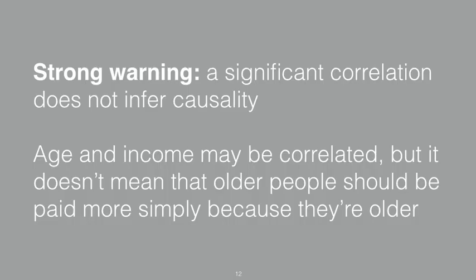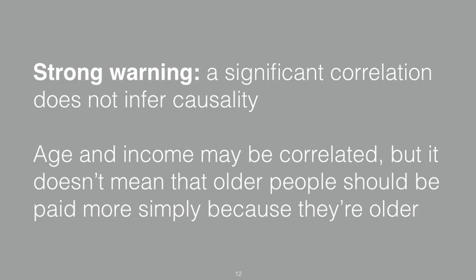So, a strong warning: a significant correlation does not imply causality. Just because two things are related to each other doesn't mean that one causes the other. Maybe it does, maybe it doesn't. Later in this class, not today but in the following weeks, we will look at causality.